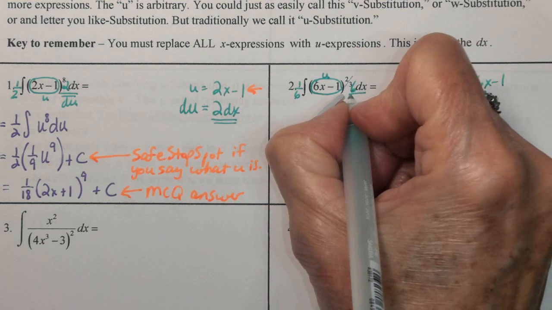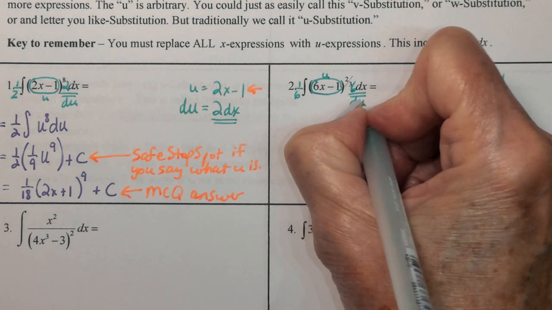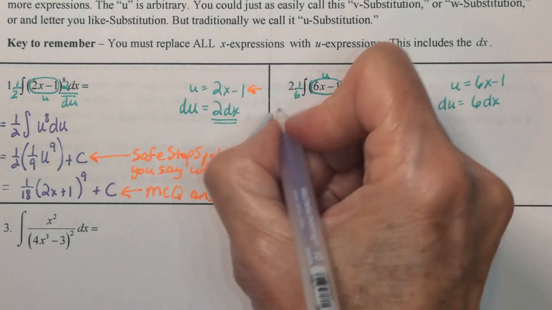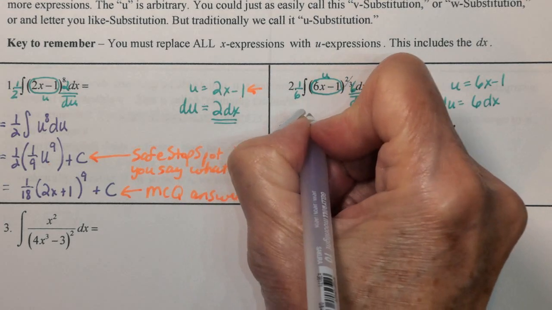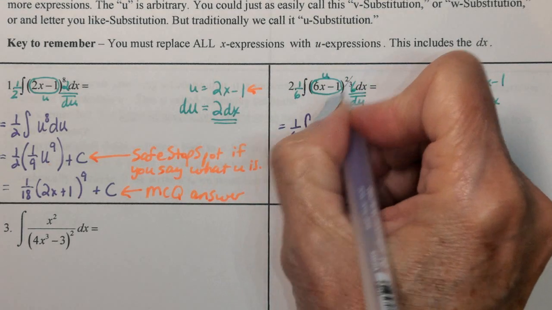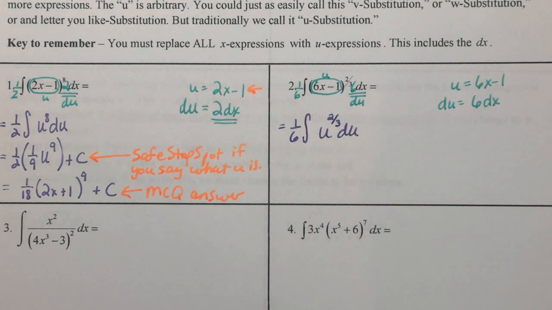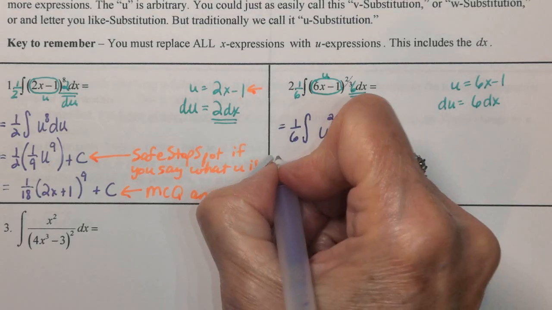So here is my du. My integral has now become the integral of u to the 2/3 du. And now we use the power rule.